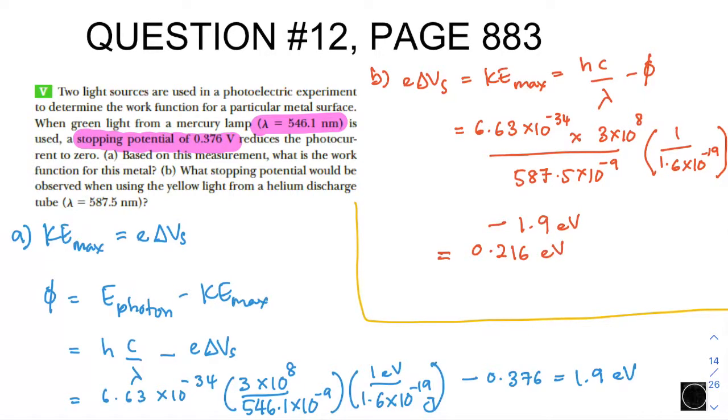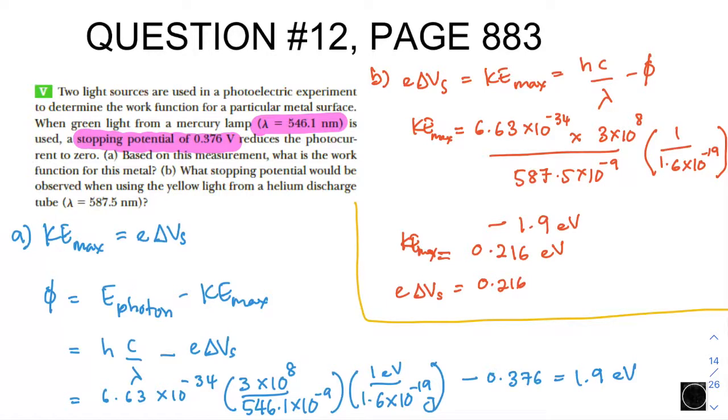So you will get your answer in terms of 0.216 eV. From here, this is your Ke max. So e delta Vs is equivalent to Ke max, 0.216.